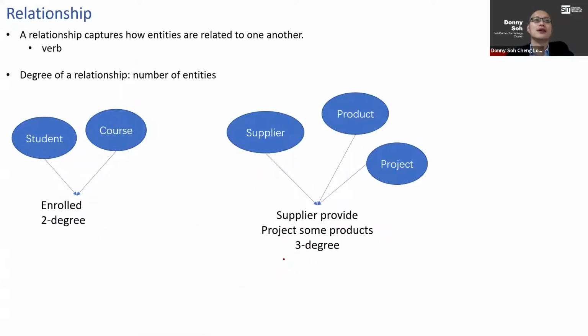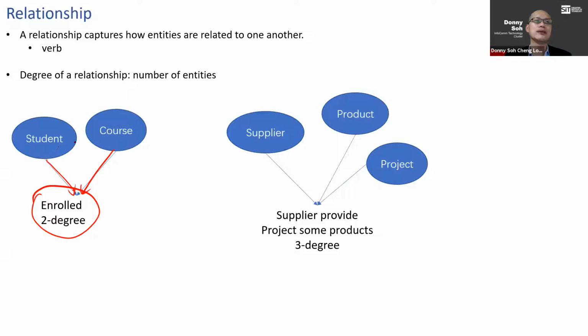Okay. So now we come to how we draw the ER diagram. So a relationship captures how entities are related to one another. So let's say, I think we all know this is a 2-degree relationship. So there's an arrow relationship, and it's 2-degree with two arrows pointing in here.